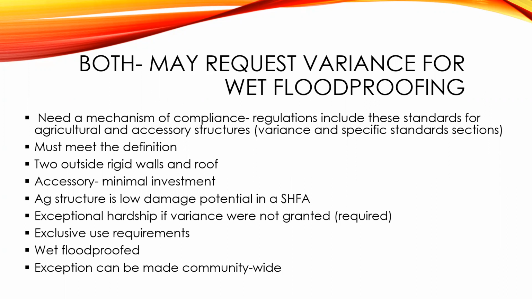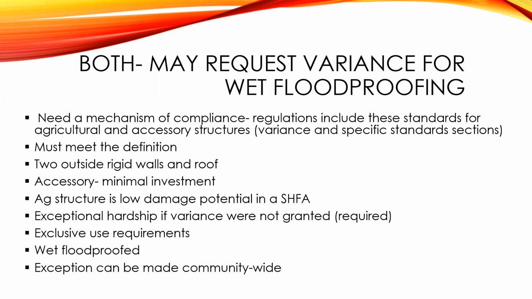Sorry, this type of variance is a little bit different. So in being a minimal investment or low damage potential, it kind of qualifies for a variance more than your typical residential or non-residential structure because we have these exclusive use requirements. And so it's more justified than the other types of structures. So they kind of have this built-in exemption variance type.